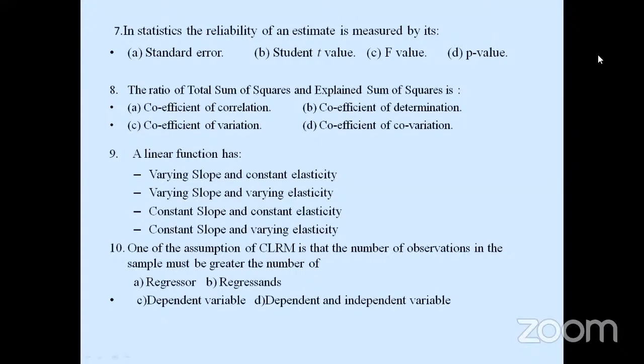You remember very clearly, reliability. See, the reliability of an estimate means we need to understand the other options. The student t value will calculate some test. F also calculates some test.